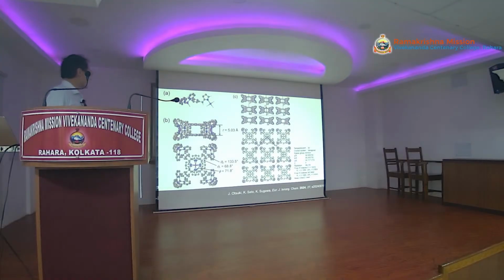In this crystal structure, the two porphyrins are slightly twisted with each other, so depending on the direction of the twisting they are chiral, P and M, and in the crystal structure, P and M alternate like this.